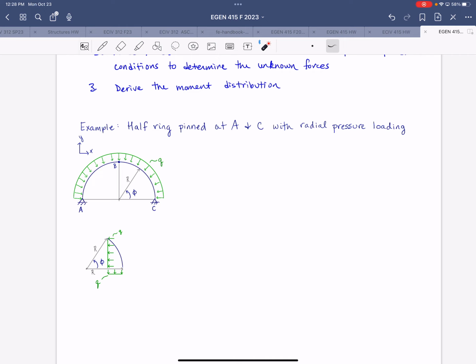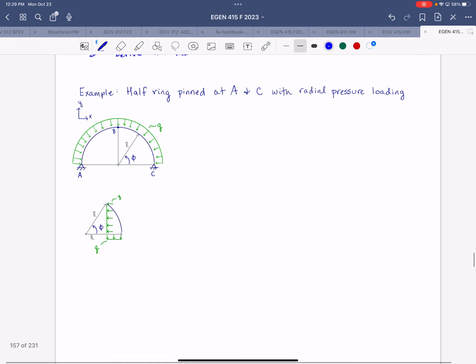In most cases we can ignore the axial component. In the second example in this lecture we can, but for this particular case we can't. It's 1 degree indeterminate.